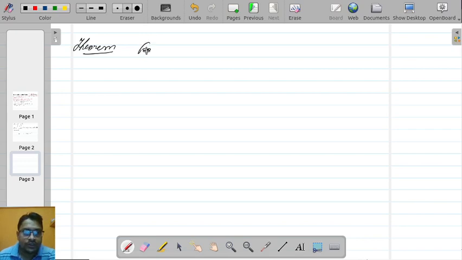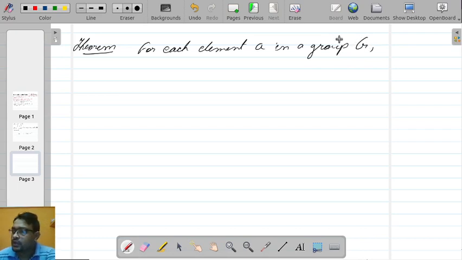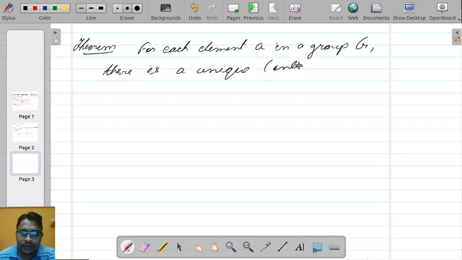For each element A in a group G, there is a unique, means only one, element.